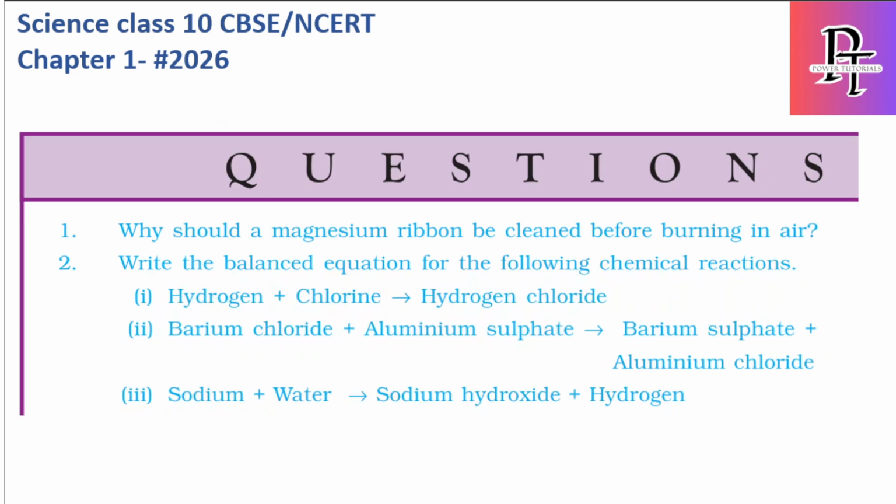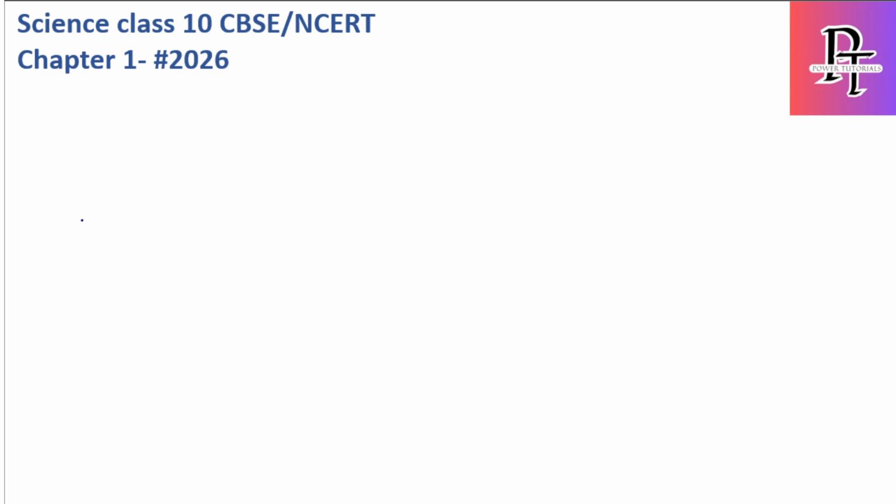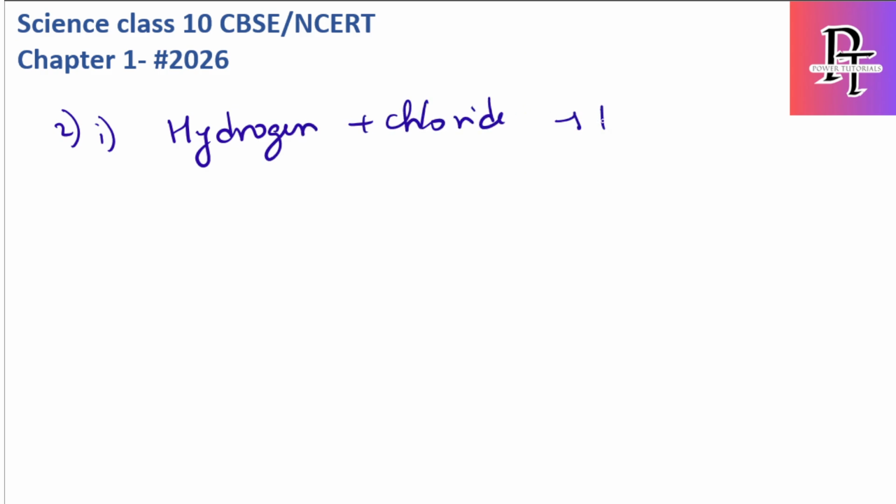Okay, let's see the second question. Write the balanced chemical equation for the following chemical reactions. Hydrogen plus chlorine gives rise to hydrogen chloride. Okay, let's solve this. Hydrogen plus chlorine gives rise to hydrogen chloride.